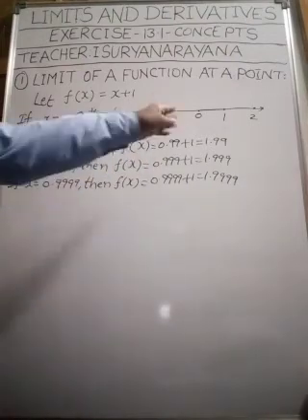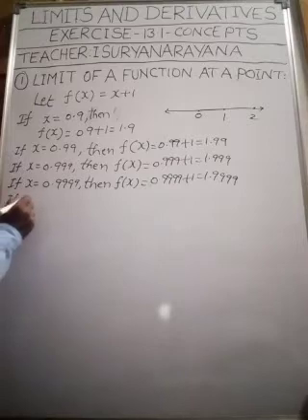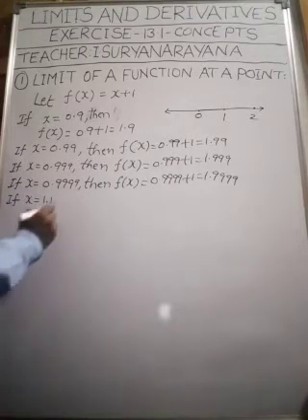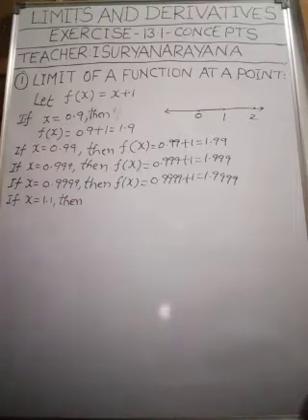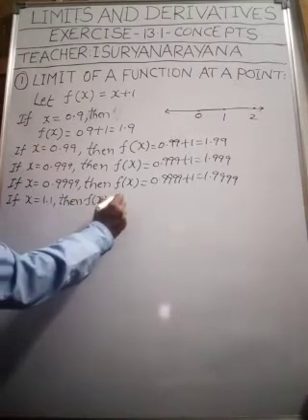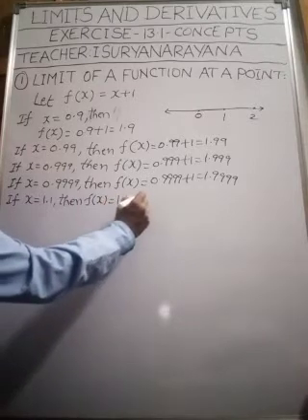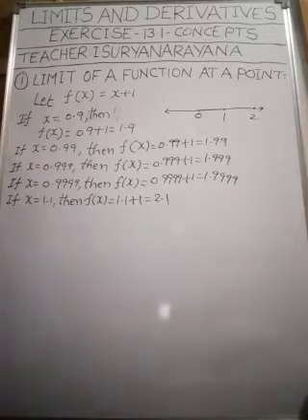Now if I take the right side, if x is equal to 1.1, I am taking the values of x very near to 1 but from the right of that 1. Then f of x is equal to 1.1 plus 1. What will you get here? 2.1. Isn't it, my children?